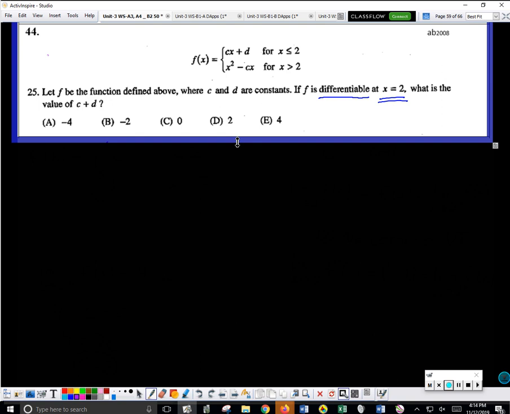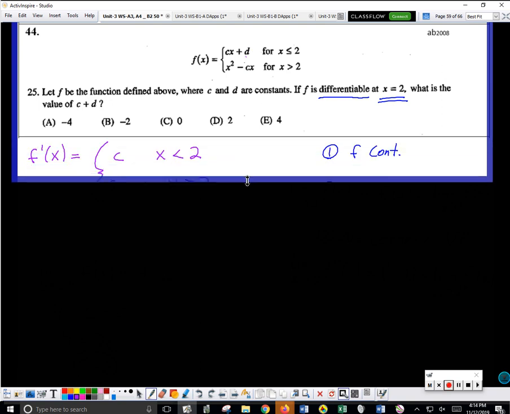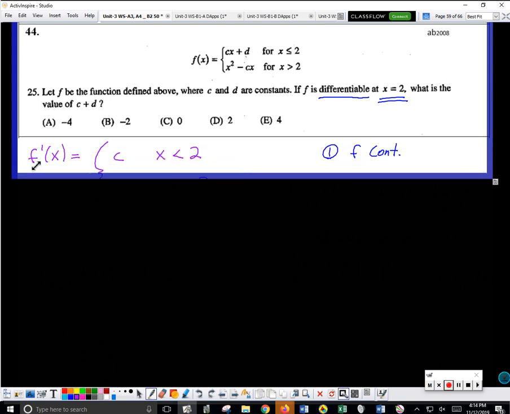C and D are both constants. Yeah, C and D are constants. This is like looking at 5x plus 10. So it's just C. So f prime is simply C for all x values that are less than 2.